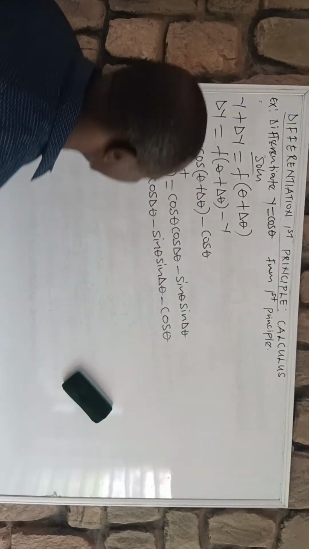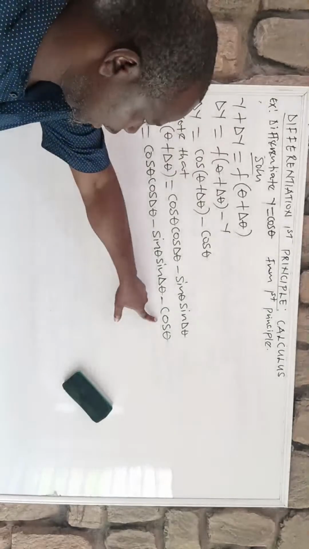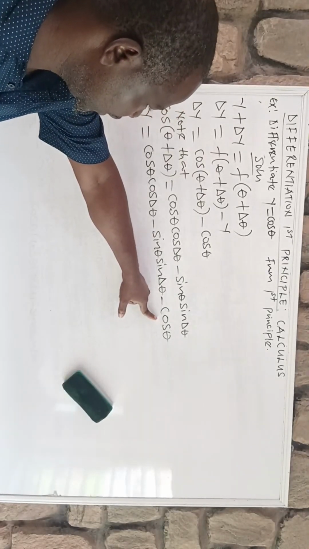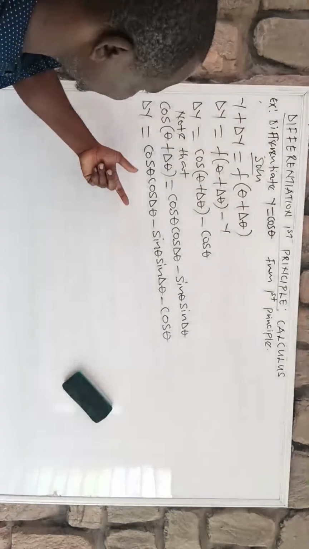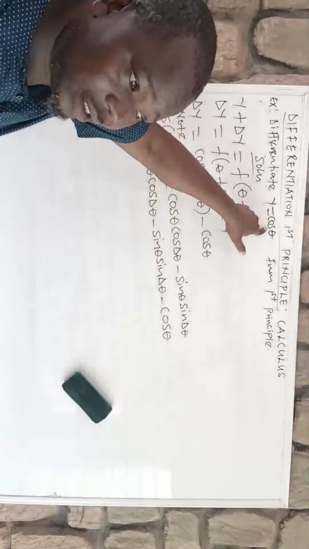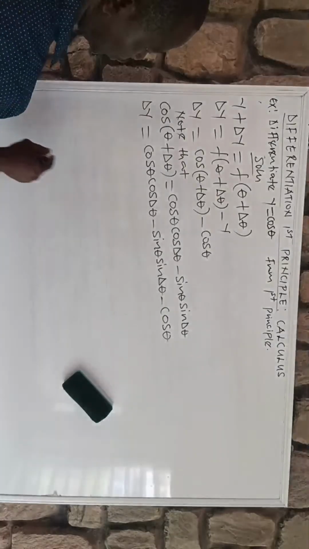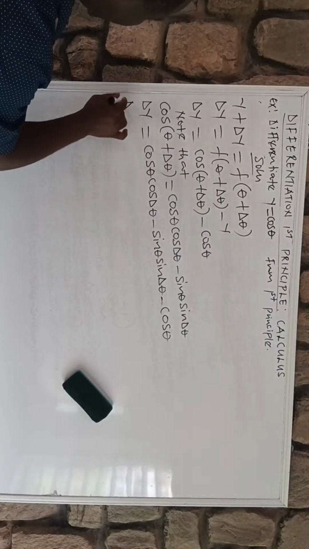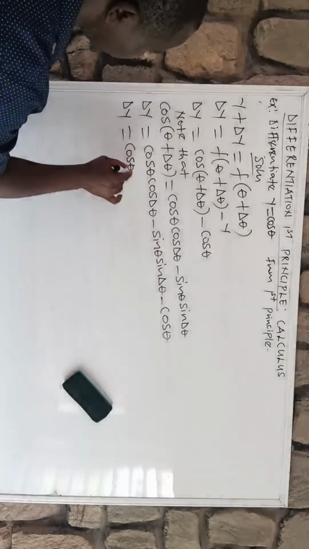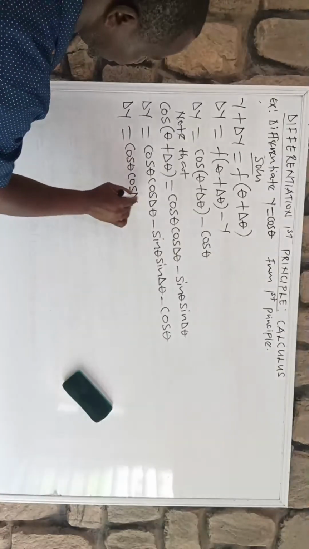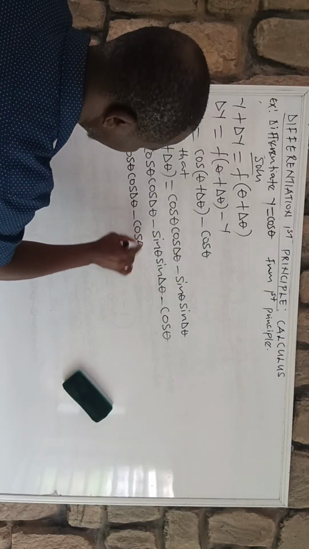So we are going to do the same thing. This and this are like terms, so we take them. Ordinarily, if we differentiate cos theta, generally we are supposed to have minus sin theta, true or false? So when we collect like terms, this equation will now be in this form: cos theta cos delta theta minus cos theta, true or false?